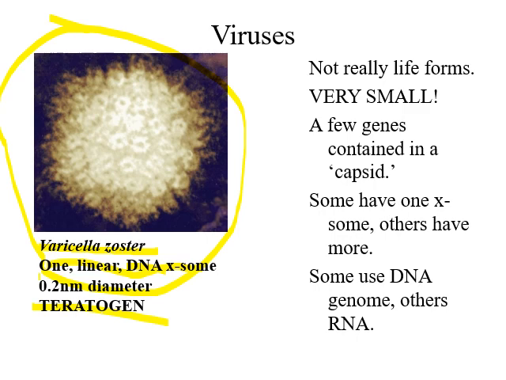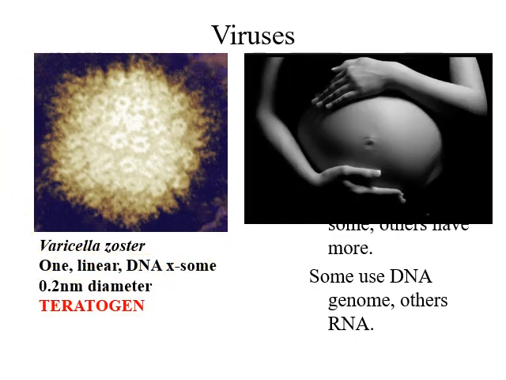So if you catch varicella-zoster when you're pregnant, the baby could have birth defects. Right. So avoid catching varicella-zoster when you're pregnant. We usually have a vaccine that prevents you from getting varicella. So it's usually not a concern for most people.